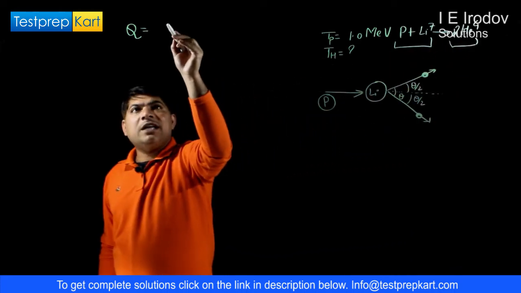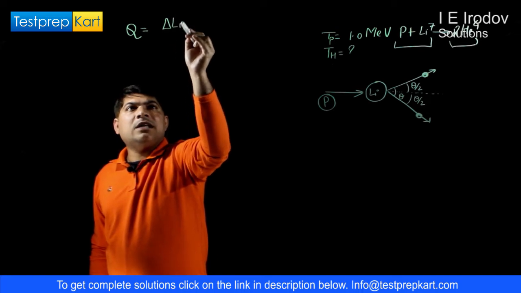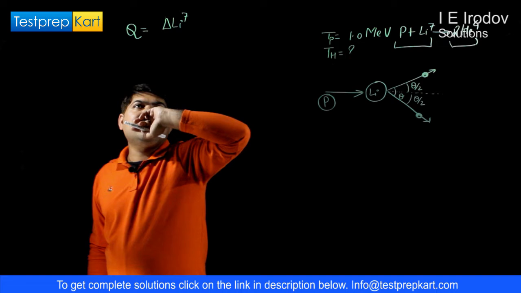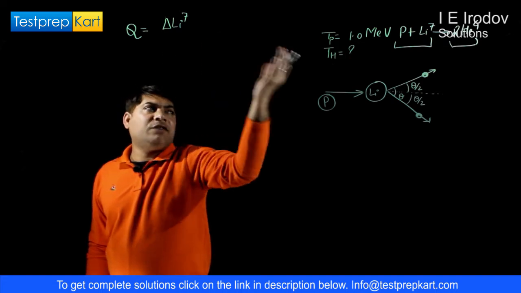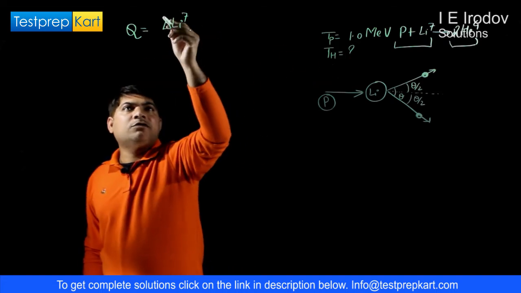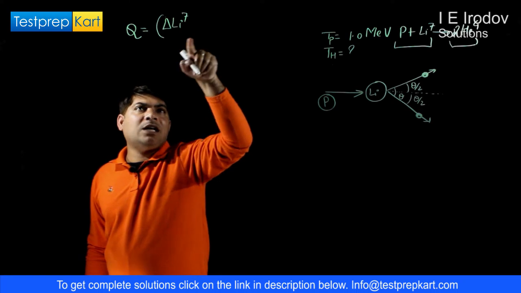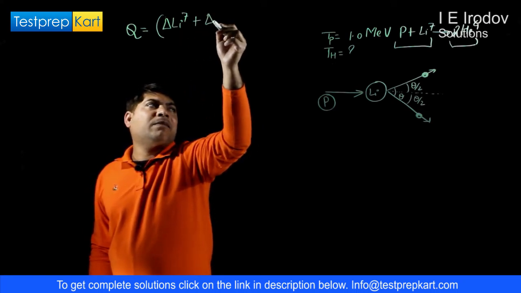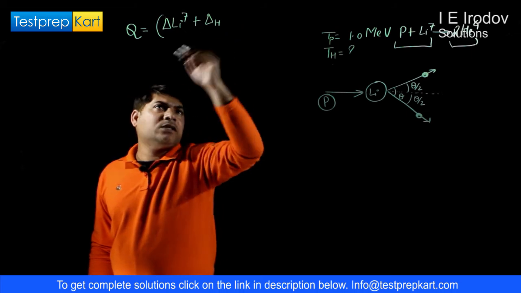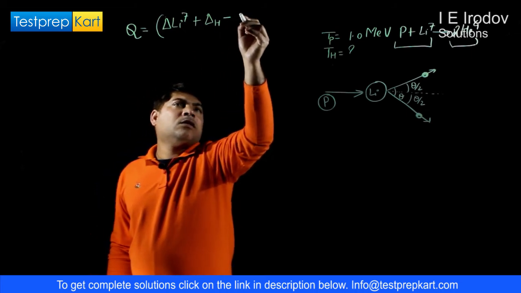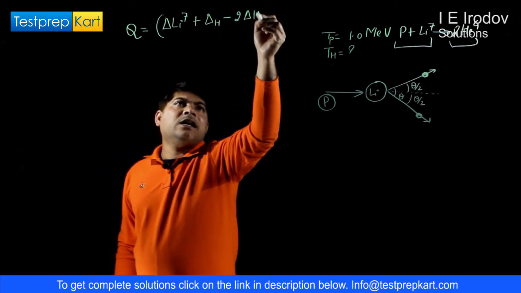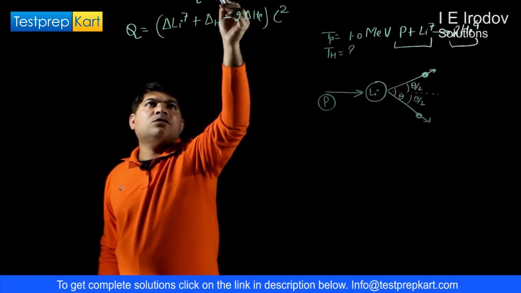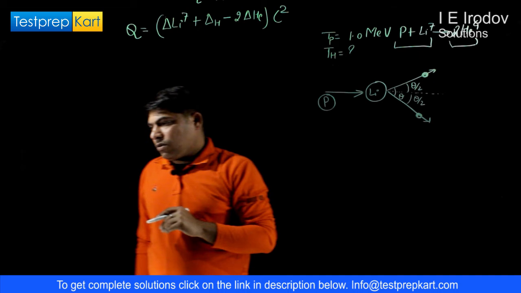The energy must be calculated in terms of mass defect, because we don't have much other information. So Q is delta Li plus delta P, which is equivalent to hydrogen, minus 2 times delta He, into C square. We are simply using energy equals mass defect into C square.